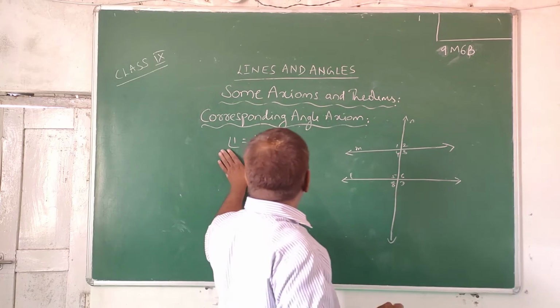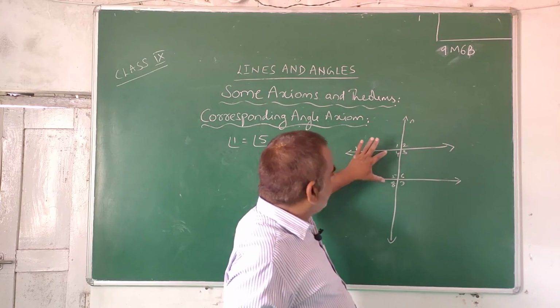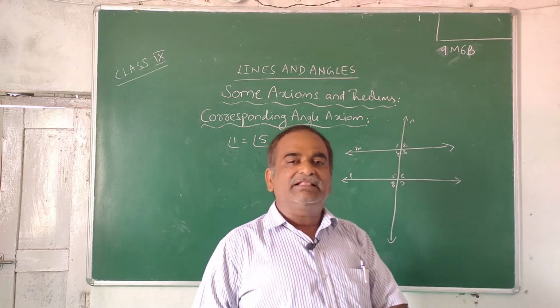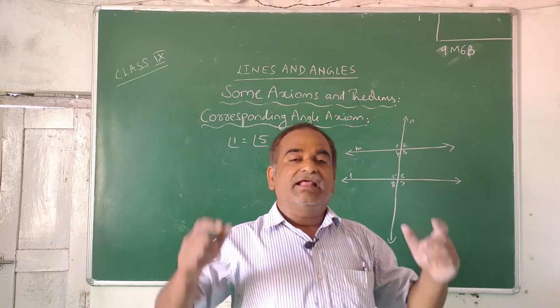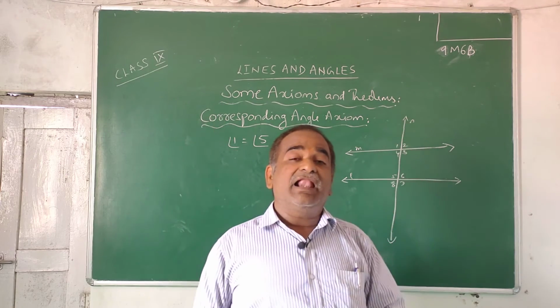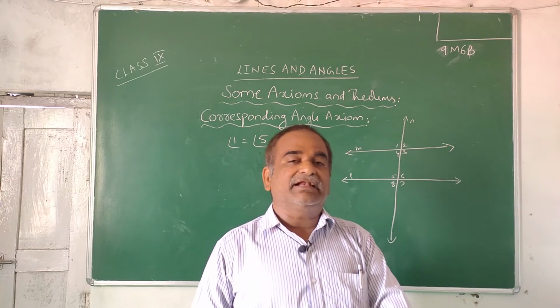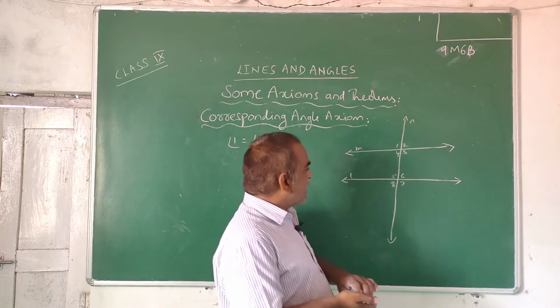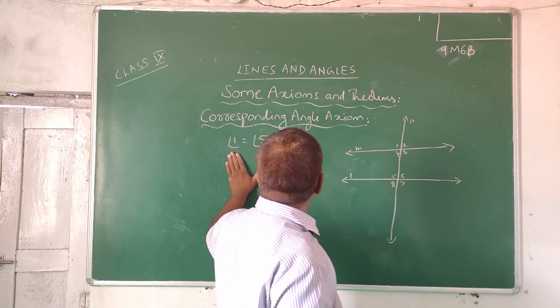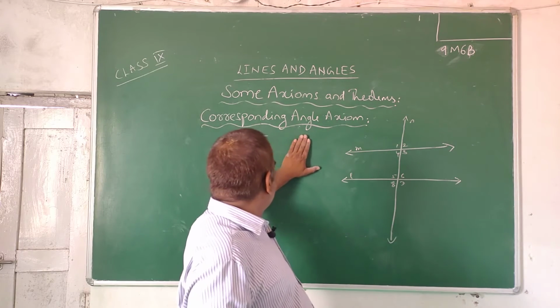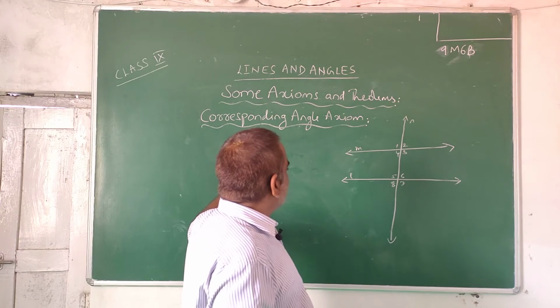But here these are equal only if the lines are parallel. If a transversal is intersecting a pair of parallel lines only, the corresponding angle axiom is applicable. So angle 1 is equal to angle 5.